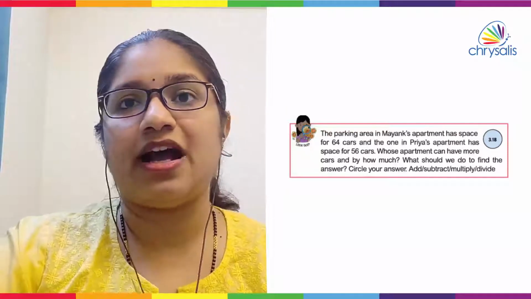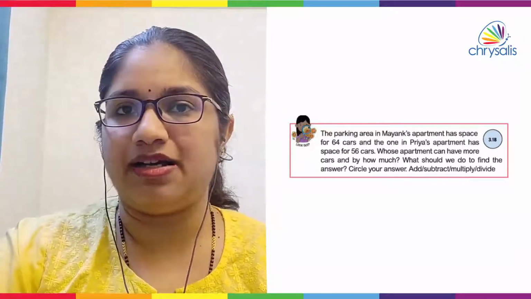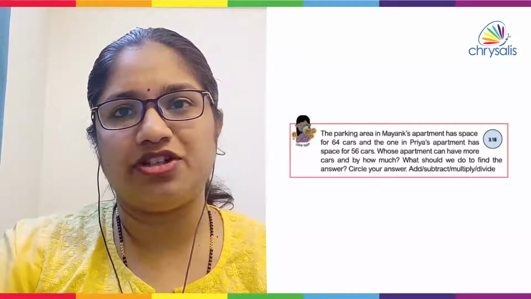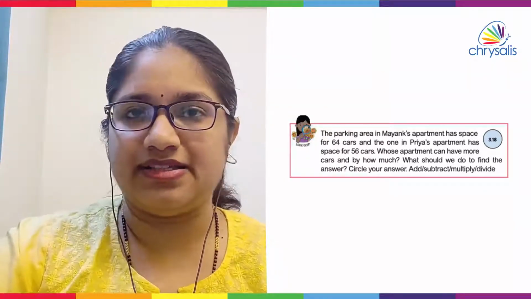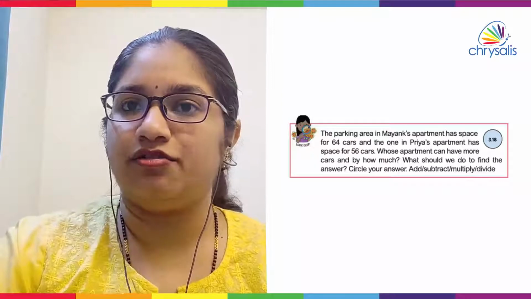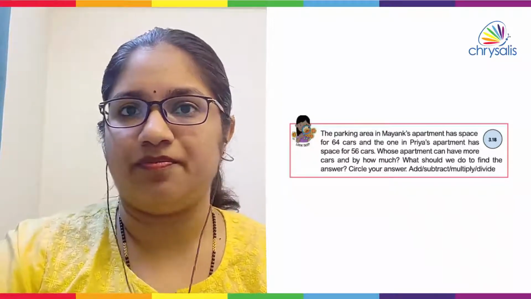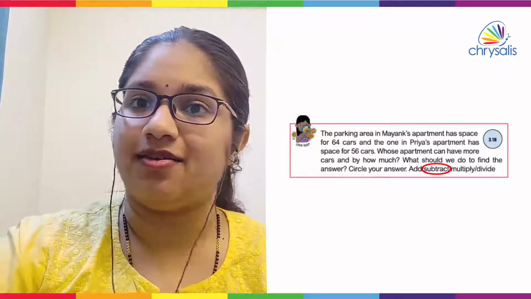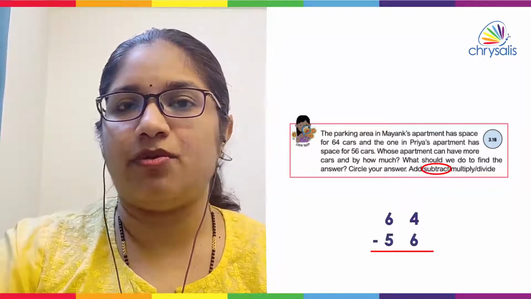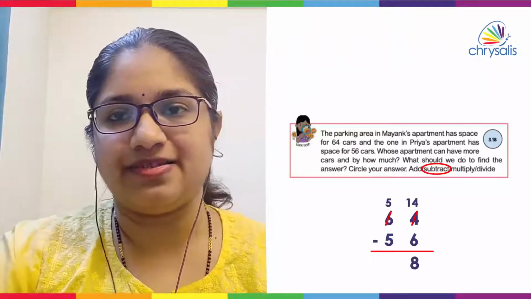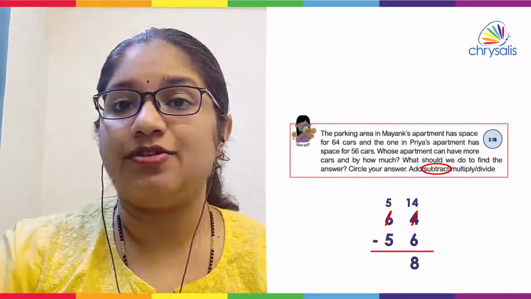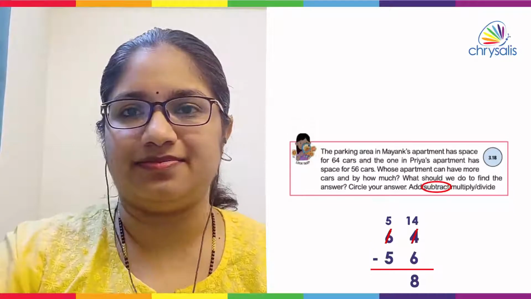Now to identify how many more cars can be parked when compared to Priya's apartment, what should we do, children? Yes, we have to subtract 56 from 64. Have you all circled subtract? Well done. 64 minus 56 is 8. Mayank's apartment has space for 8 more cars to be parked.